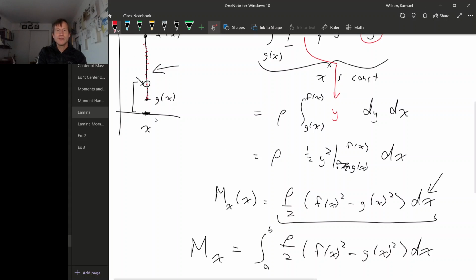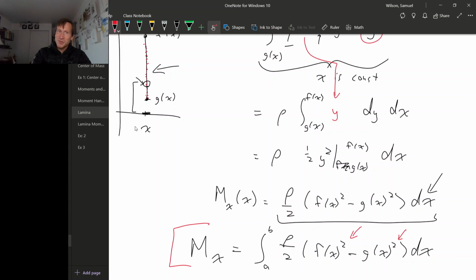And so here's a formula for the moment about the x-axis. It might seem a little strange that we get squares here, but this happens because each point of our cross-section is at a different distance from the x-axis.